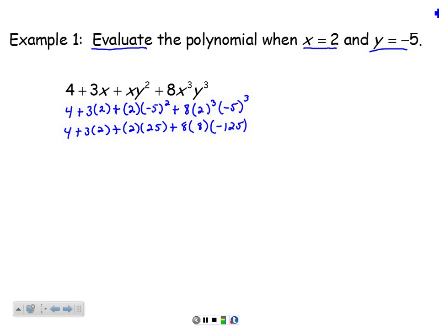Now I can do the multiplication, so we'll have 4 plus 3 times 2 is 6, plus 2 times 25 is 50, plus 8 times 8 times -125 is going to be -8,000. And then we can combine from left to right, so we'll have 4 plus 6 plus 50 plus a -8,000, which is going to give us a -7,940.